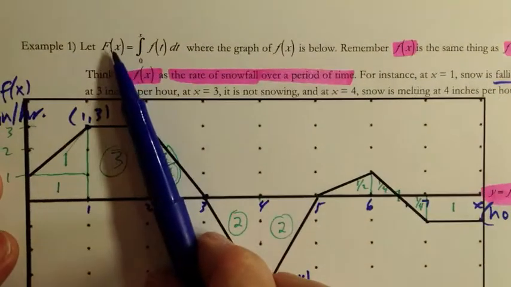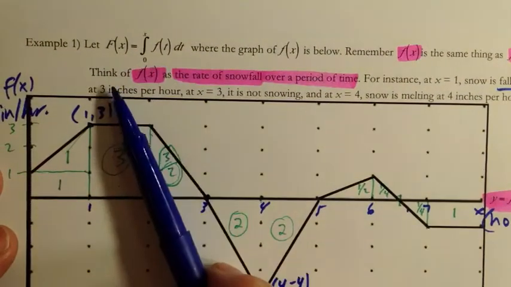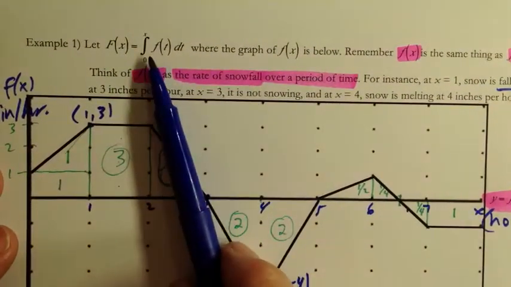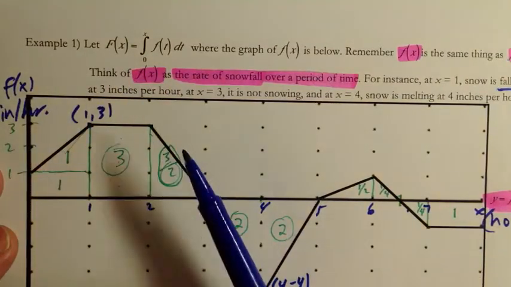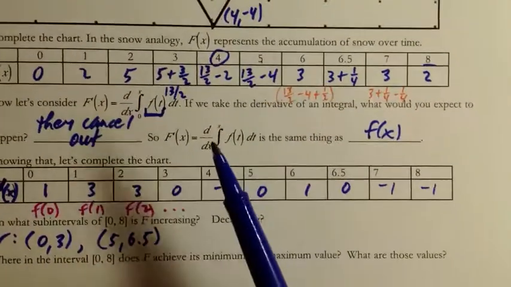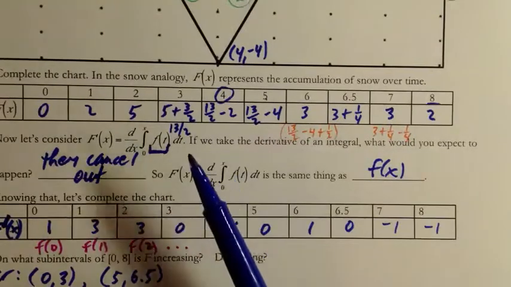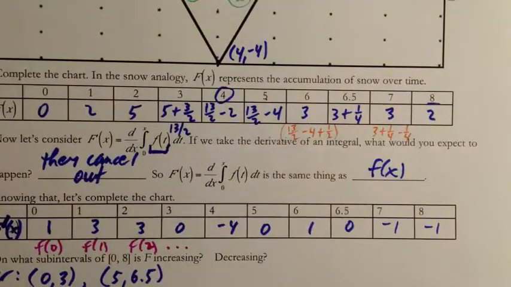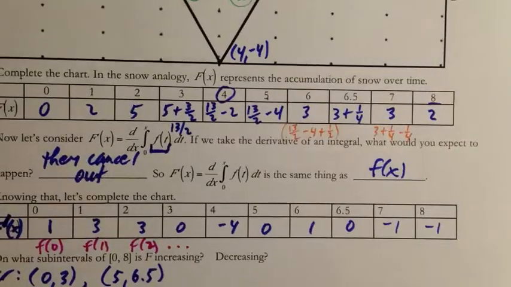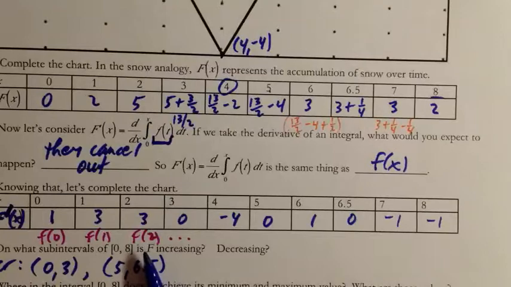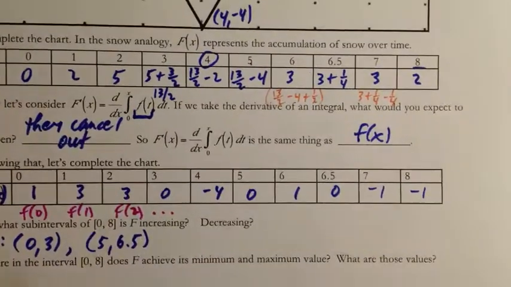The level at which the snow is, not the rate, but the level. How much snow has accumulated in that amount of time. Okay? Either the snow is falling, or the snow is melting, or there's more snow. The height of the snow is either going up, or the height of the snow is going down. Well, capital F basically is showing us what the height of the snow is.